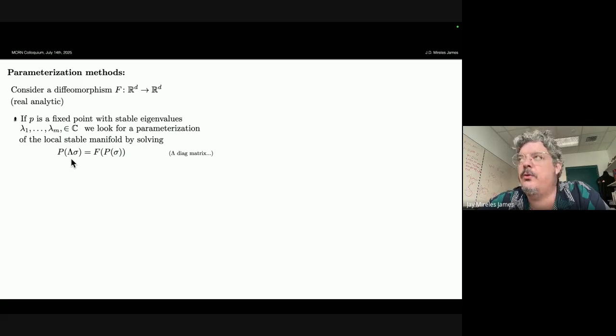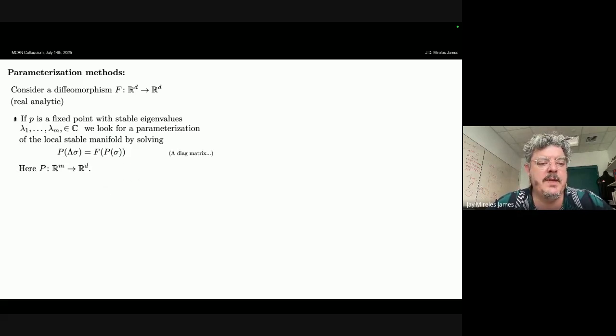So lambda is the dynamics in parameter space that models the stable dynamics in the full space. And we would like to conjugate that linear dynamics to the full dynamics, but only on the image of P. Here P is not a coordinate change on the whole space. It's only a map from an m-dimensional neighborhood, or some neighborhood in R^m, into our full phase space.